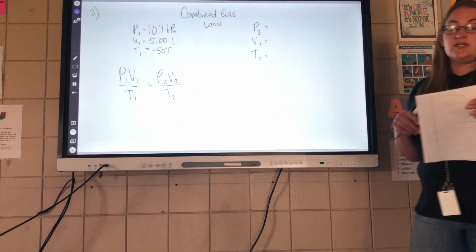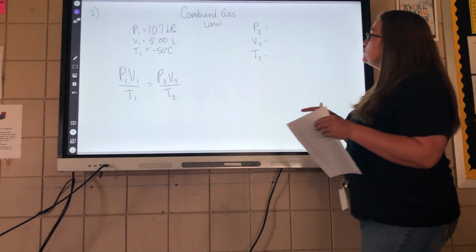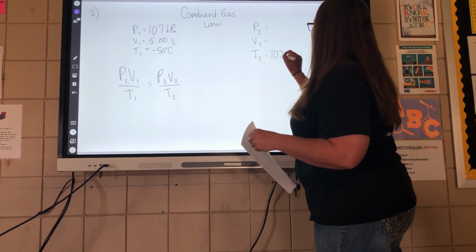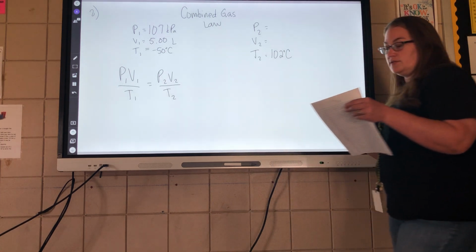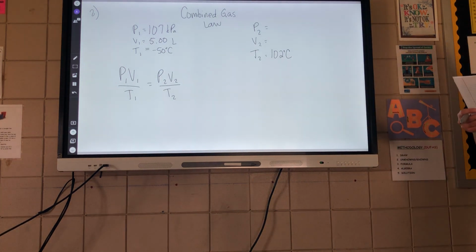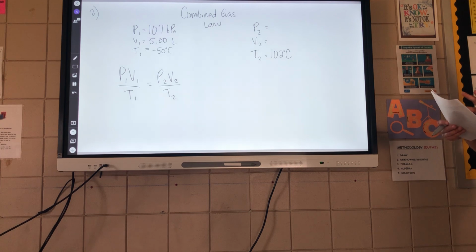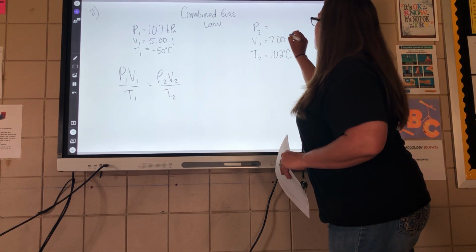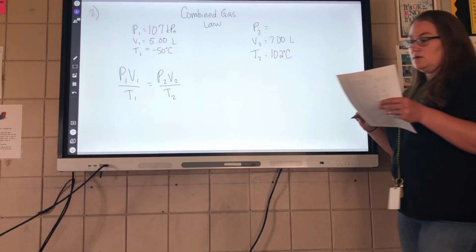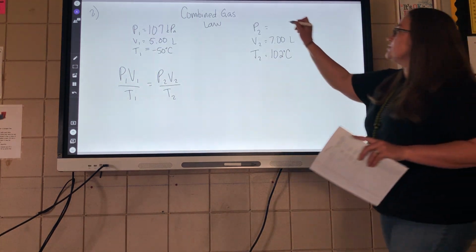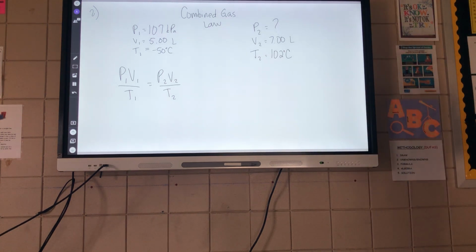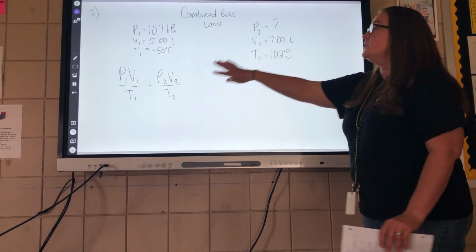If the temperature is raised to 102 degrees Celsius, so I raise my temperature to 102 degrees Celsius, and the volume, so I'm looking at V, expands to 7 liters, what will the new pressure be? So now I've got all my numbers. I just plug into the formula.